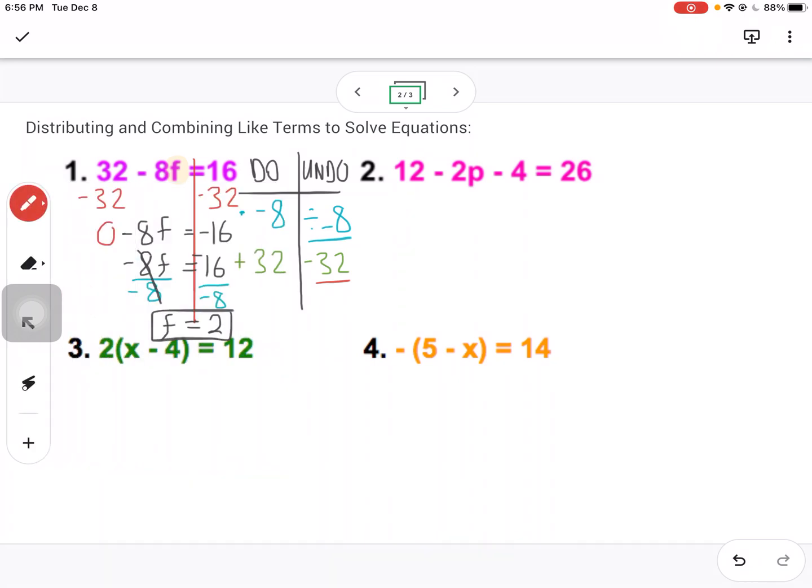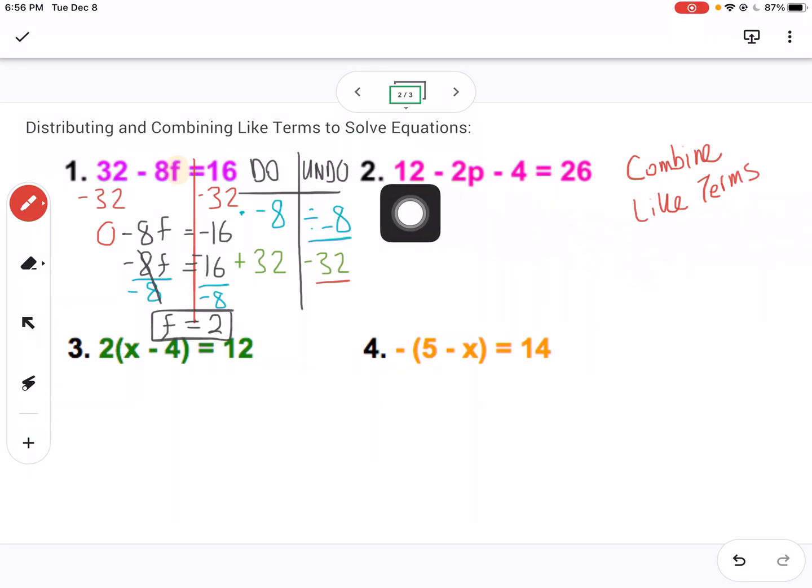I'm going to show you how to set up this equation then. So in order to solve these problems, we need to get it to the point where you could use a do and undo table to solve it. Basically, we're trying to get it to a point where we can solve it like a two-step equation. For this problem, our first step in order to solve this is we need to combine like terms.